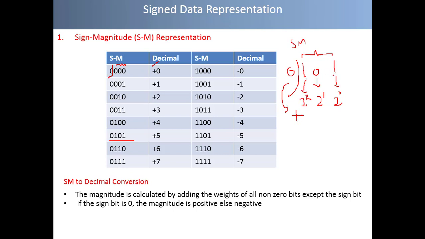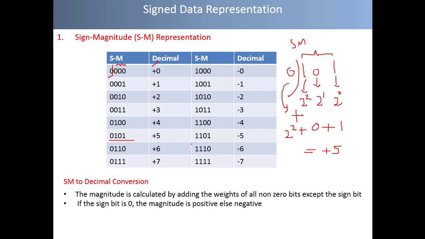So we simply multiply each bit with its weight and add them together. So 1 into 2 raised to power 0 is 1, 0 multiplied by 2 raised to power 1 is 0, and 1 multiplied by 2 raised to power 2 is 4. So 4 plus 1 is 5, and the sign is positive.